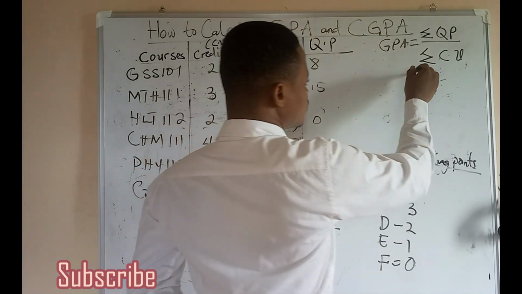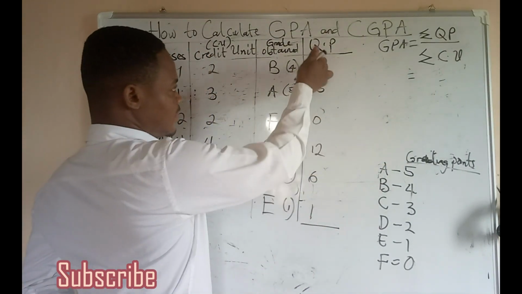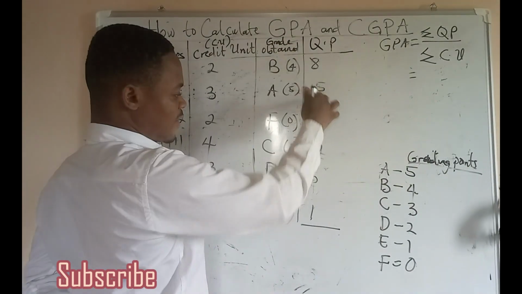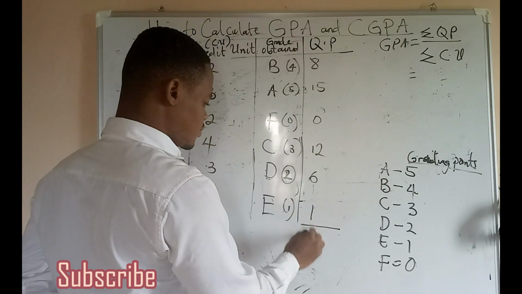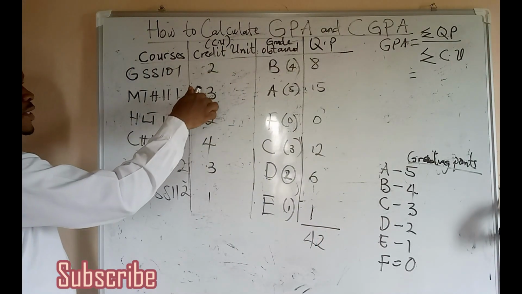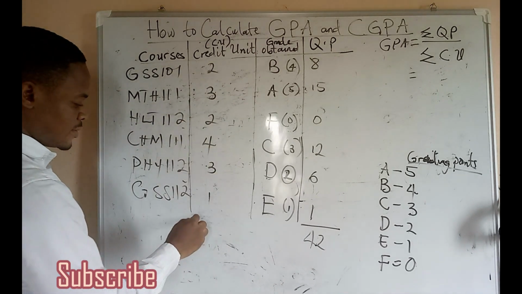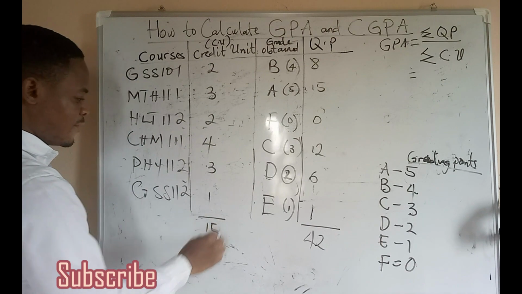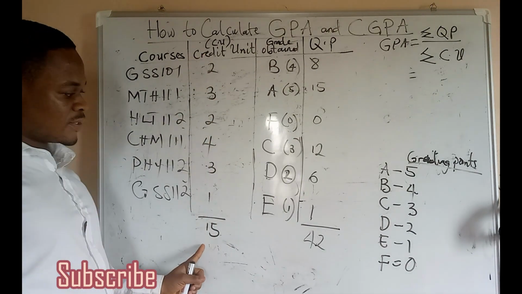And that is equal to, when we add all this, 8 plus 15 is 23, plus 12 is 35, plus 6 is 41, plus 1 is 42. So we have 42 here. For the credit units, 2 plus 3 is 5, plus 2 is 7, plus 4 is 11, plus 3 is 14, plus 1 is 15. So we have 15 as the sum of all the credit units.